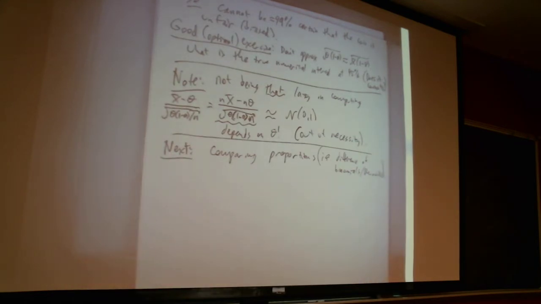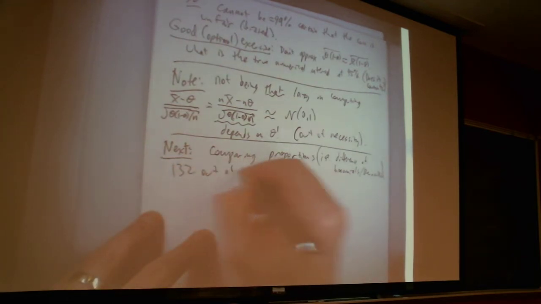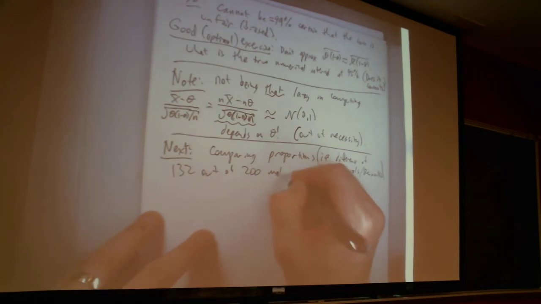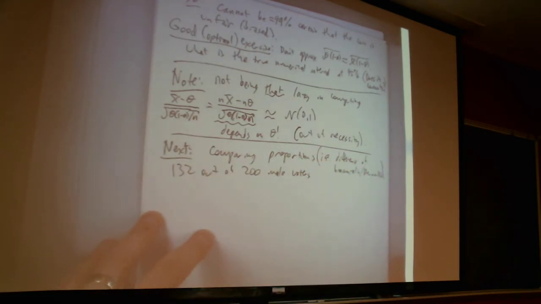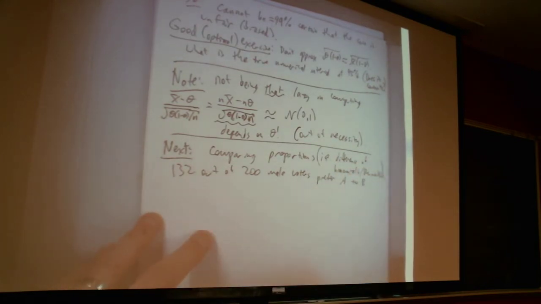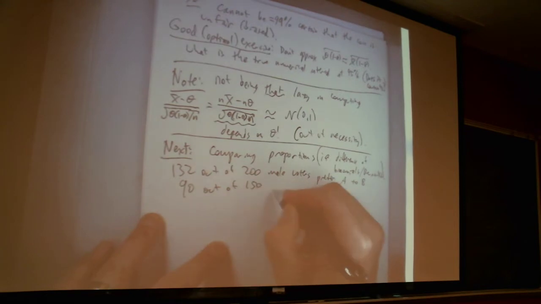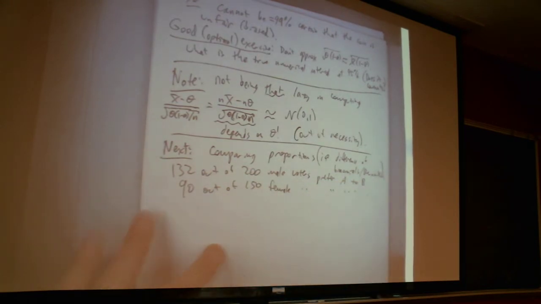So let's say you have 132 out of 200 male voters prefer candidate A to B, but 90 out of 150 female voters prefer candidate A to B.